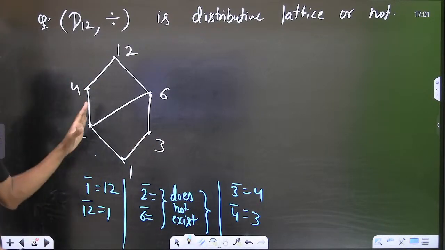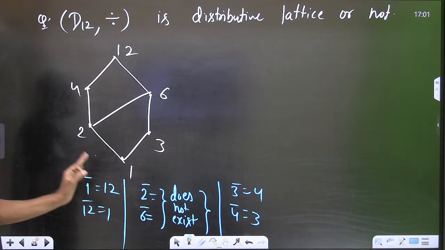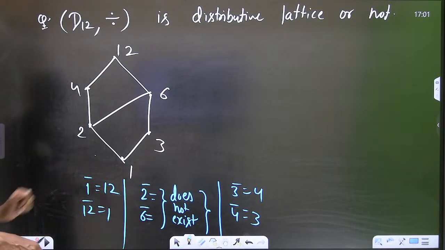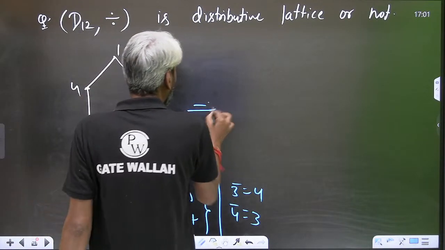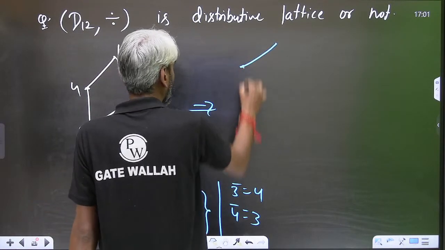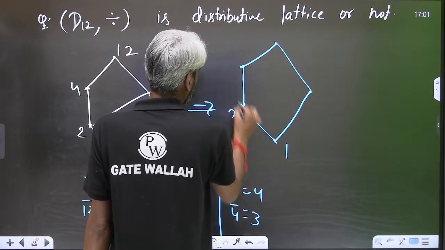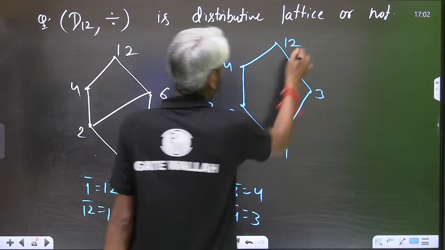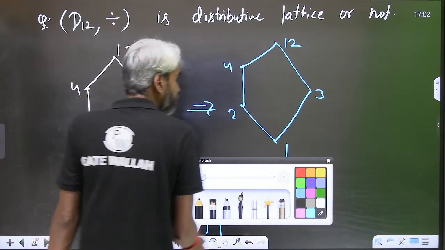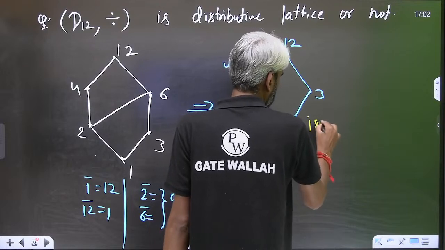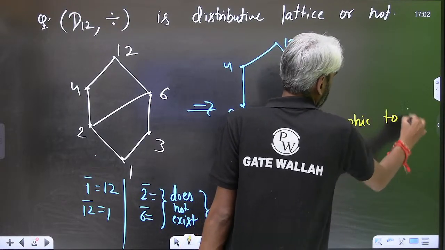Do we have any sublattice which is isomorphic to L1 or L2? If I take the subset 1, 2, 3, 4, 12, then it is isomorphic to L2.